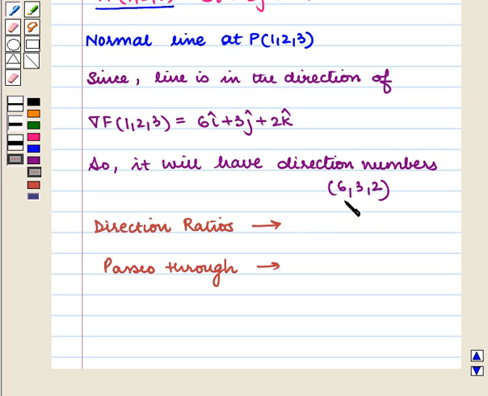So its direction ratios are 6, 3, 2 and it passes through the point P(1, 2, 3).